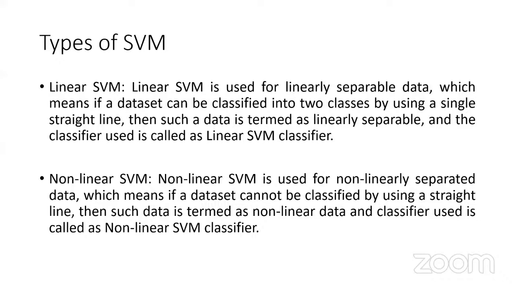It can be linear SVM as well as non-linear SVM. If the data is linearly separable, meaning the data set can be classified into two classes using a straight line, then linear SVM can be used, and non-linear SVM is used whenever you cannot draw a straight line.